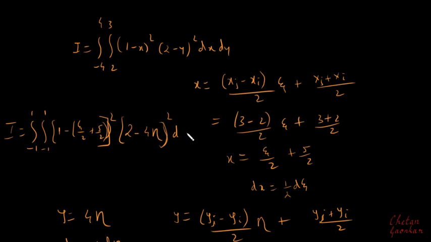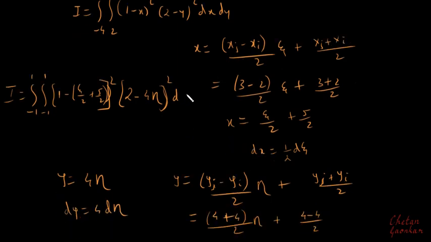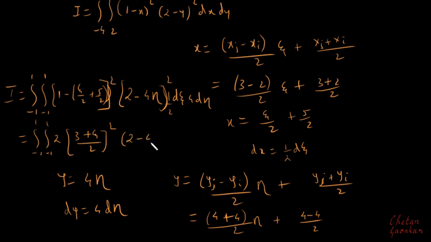In place of dx I substitute 1 by 2 d zeta, and in place of dy I substitute 4 times d eta. So finally I can write this as integral minus 1 to 1 and minus 1 to 1. 2 and 2 is 4, this will become 2 times, and this will become 3 plus zeta by 2 the whole square, multiplied by 2 minus 4 eta the whole square d zeta d eta.